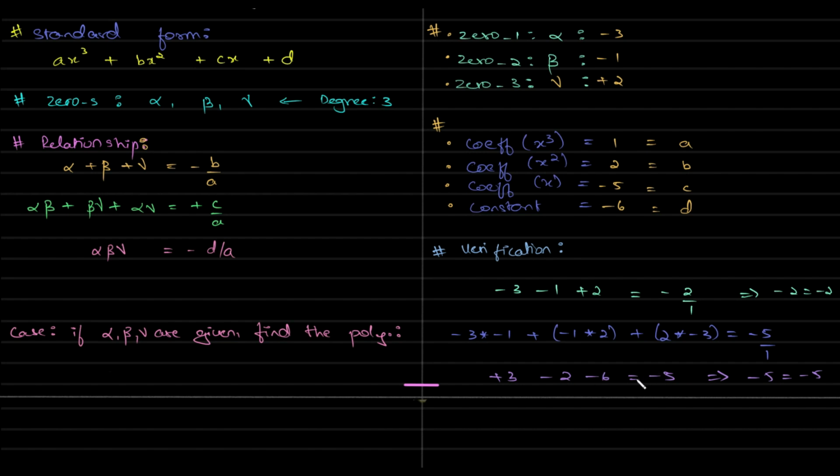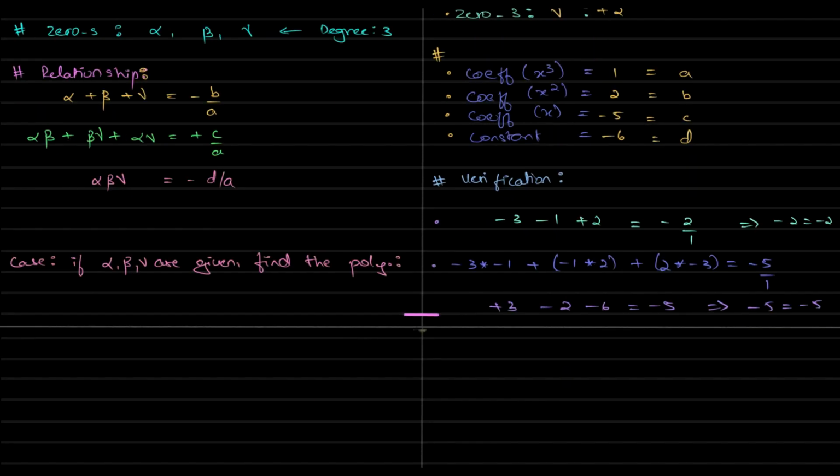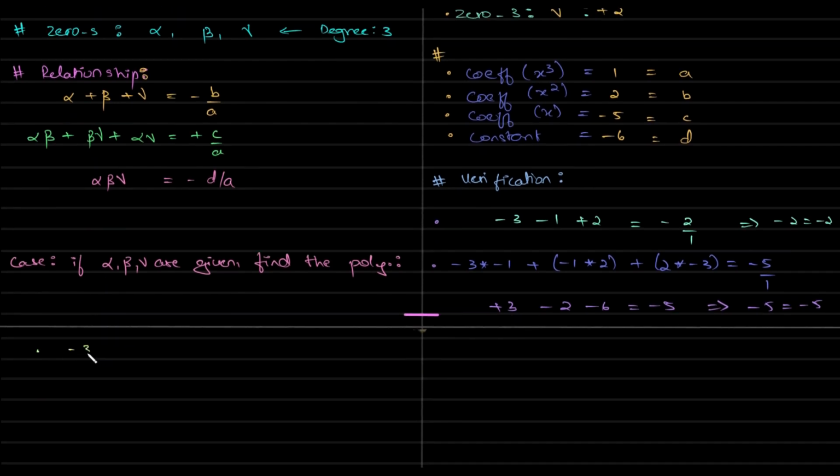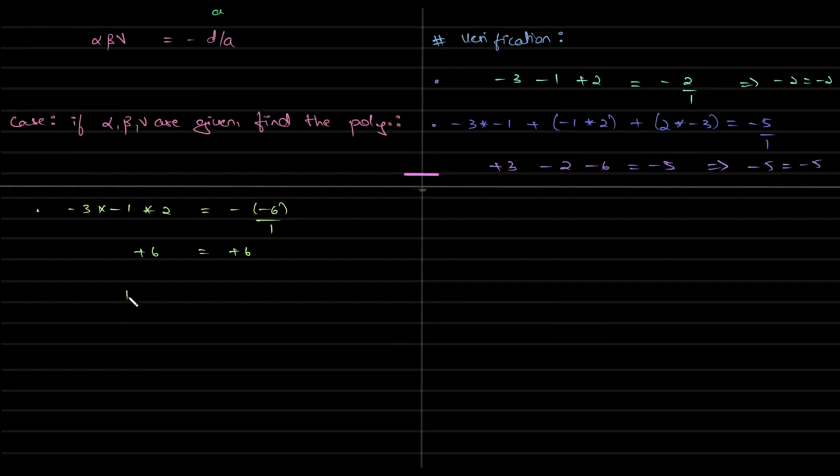So this is again verified. So we are done with 2 formulas, and the last formula, alpha into beta into gamma being equal to minus d by a, minus 6 by 1. Hmm, so plus 6 is equal to plus 6, right? Hence verified.